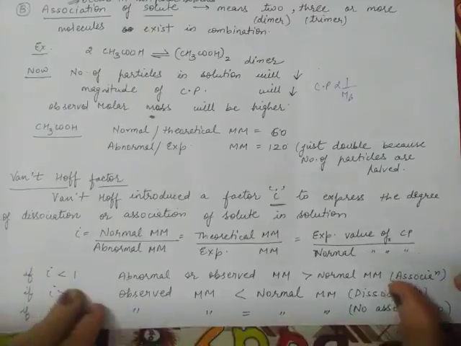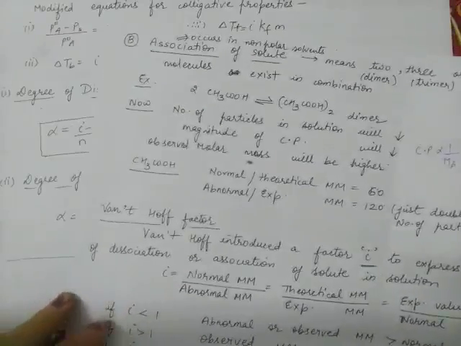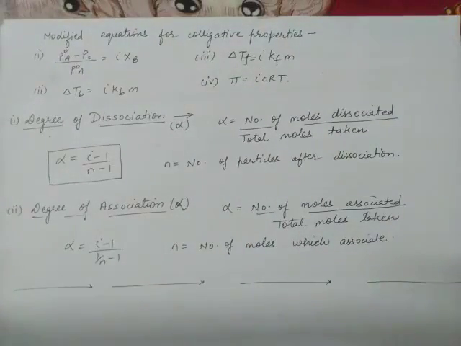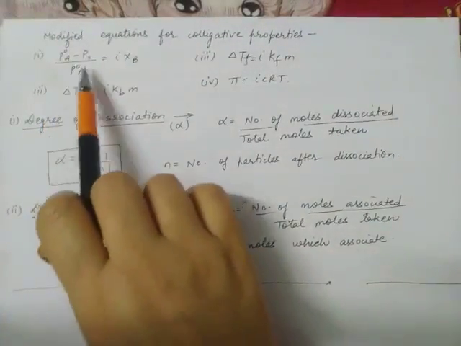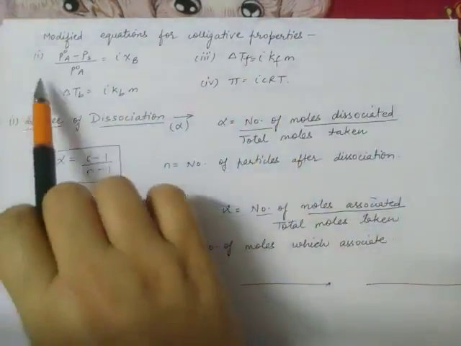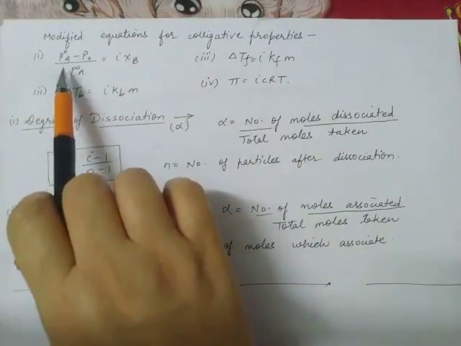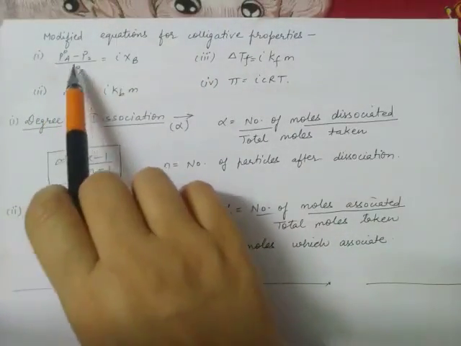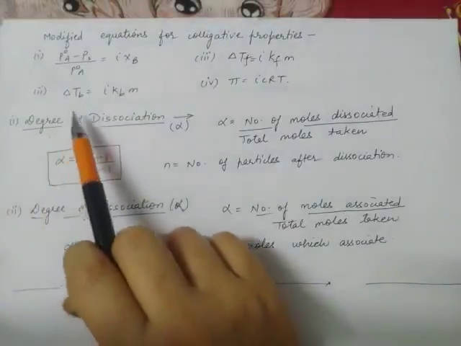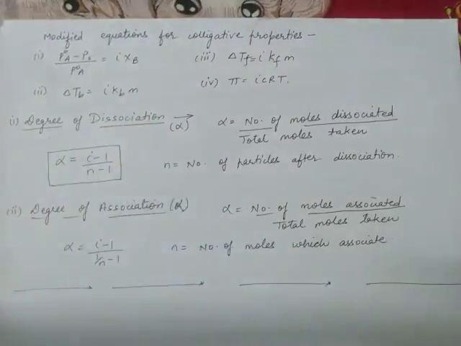Now what we'll do next is modify all the colligative properties. The formula is the same, but in this formula we'll use this factor i. So the first colligative property, relative lowering of vapor pressure, P naught A minus Ps upon P naught A, is equal to i into Xp. Delta Tb is equal to i into Kb into m.